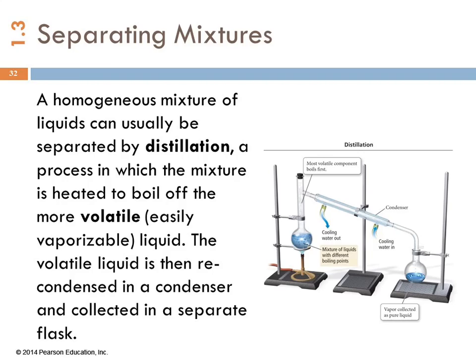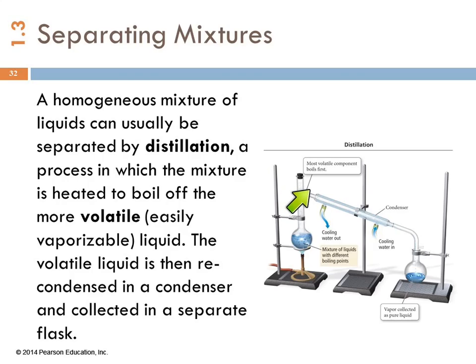We can separate a homogeneous mixture of liquids by a process called distillation. And here's an illustration of an apparatus for this. You take your mixture here. We can do this with liquids that have different boiling points. One is more volatile, it boils at a lower temperature than the other. So if you have a mixture here, say of water and alcohol, and you heat this, the alcohol will boil first and will go into the gas state and try to escape.